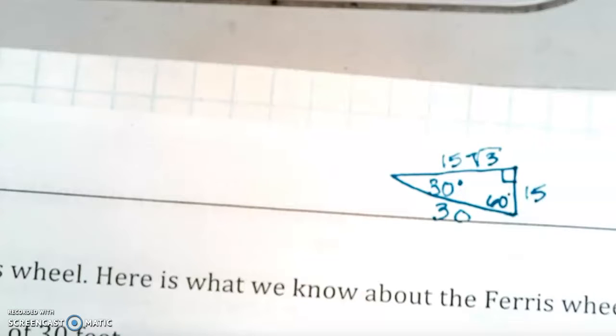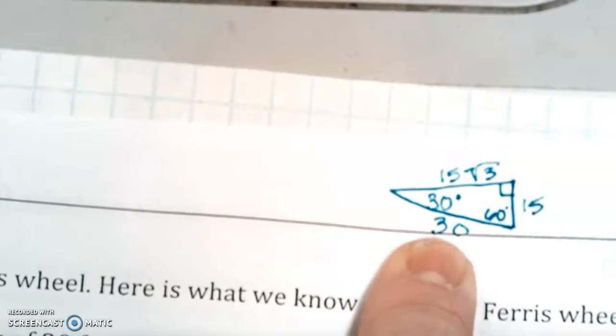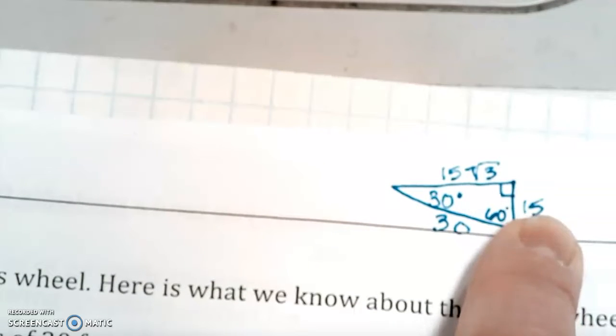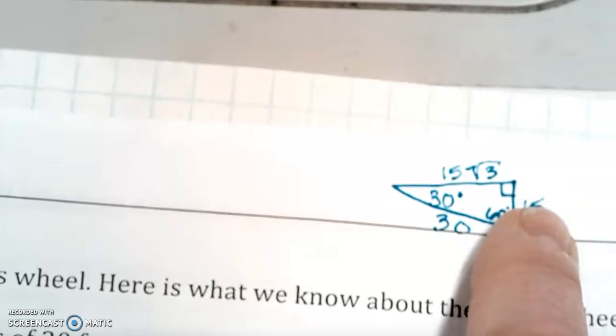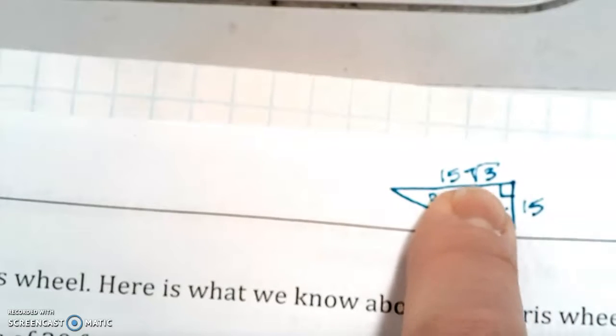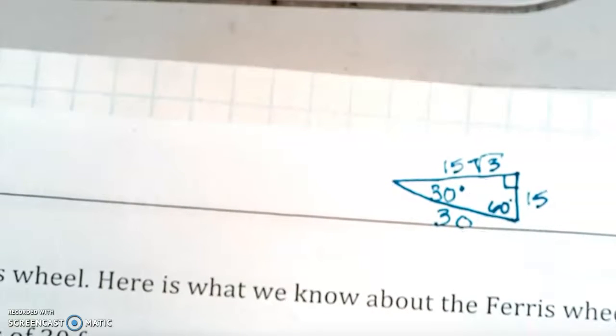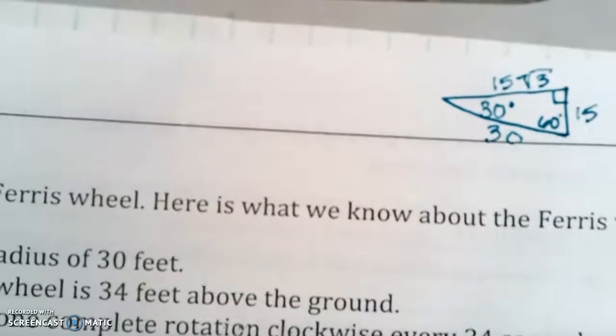So to go from the hypotenuse to the short leg, you do the opposite, which is to divide by 2. So we're going to take the 30, divide it by 2, which gets us 15. Then you take the short leg and multiply by rad 3. That gets you the long leg. So you should have 15, 30, and 15 rad 3. We need that to help us fill in the chart below.